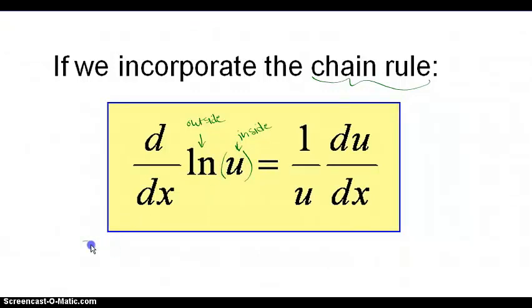And so when we verbalize, just like we always have, the derivative of the outside is 1 over, right? 1 over something. So it's the derivative of the outside, not changing the inside, there's the inside, times the derivative of what's inside. So there is the derivative for the natural log of u incorporating the chain rule.